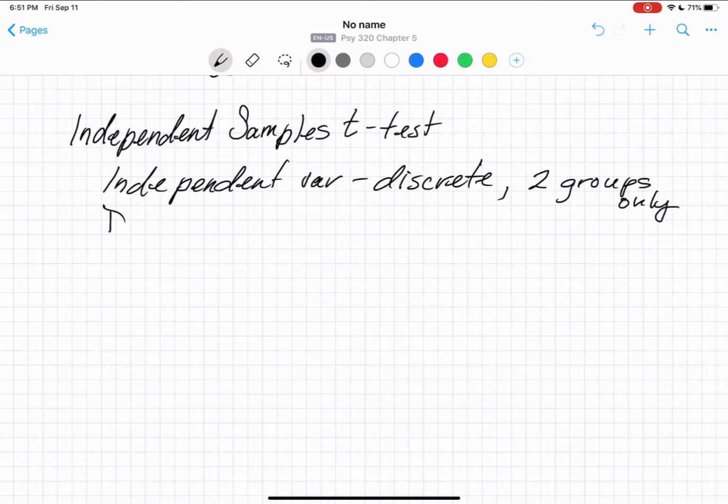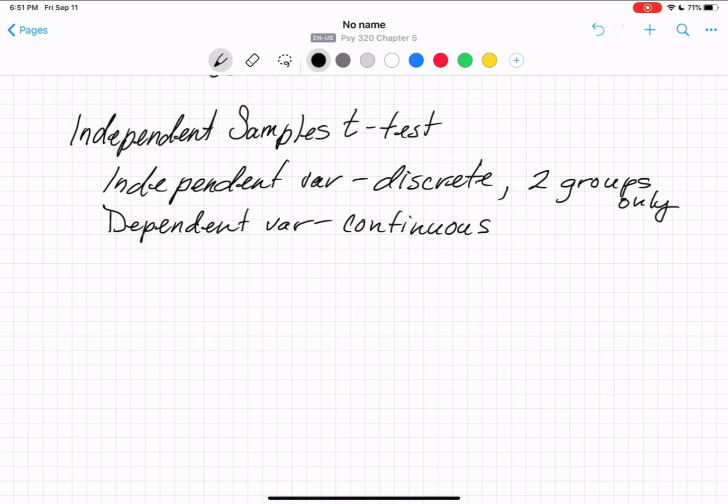The dependent variable is continuous, just like with the analysis of variance. Okay, so you can use it in the same situations you use analysis of variance if you only have two groups. If you have 3 or more groups, you have to use analysis of variance.